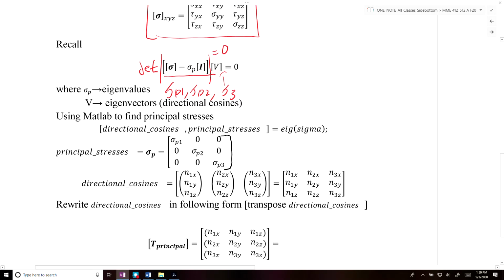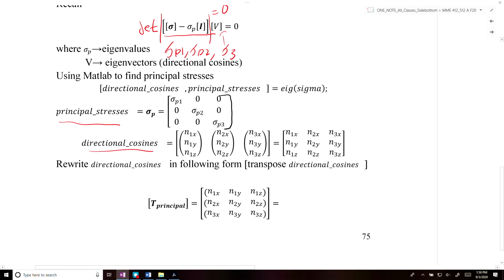You can also solve this problem using MATLAB to get your eigenvalues, or principal stresses, and your directional cosines. The only thing you have to be aware of in MATLAB is that you have to transpose this matrix to get the proper transformation matrix that you can use to go from the original XYZ coordinate system to the first, second, and third principal stress axis coordinate system.